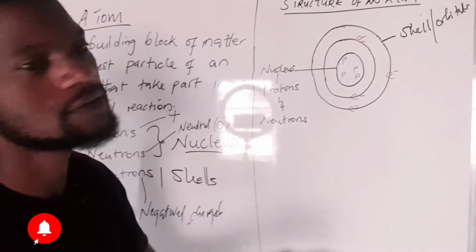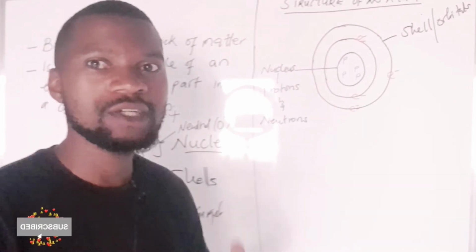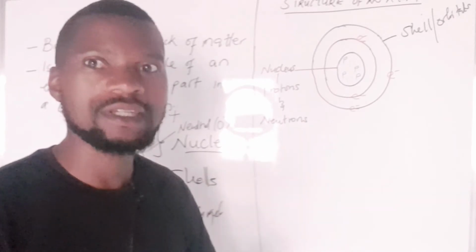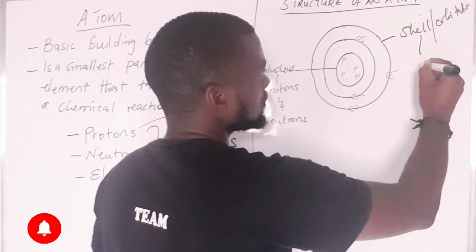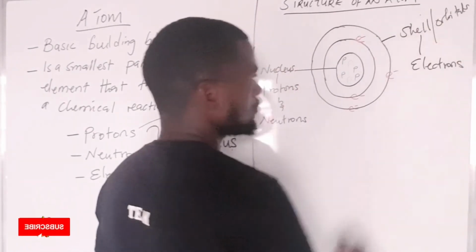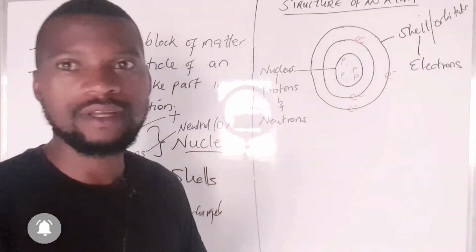In the shells is where you are going to find the electrons. The electrons are filled in the shells or in the orbitals. So basically, this is just the basic structure of an atom.